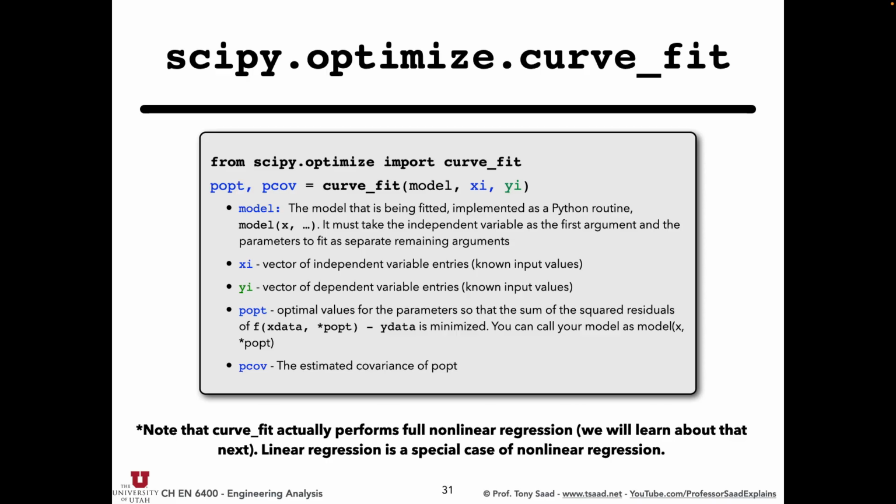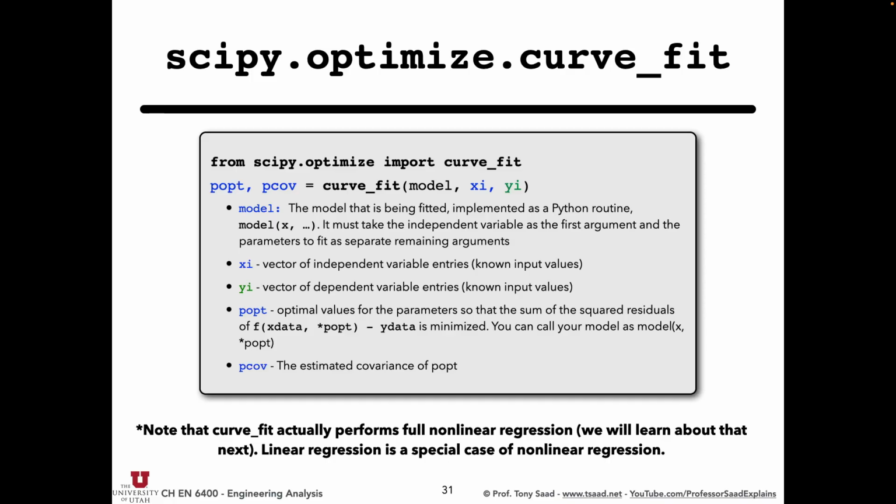And inside it, there's a nonlinear solver, because when you're trying to do a regression with a nonlinear model, the equations that you need to solve will become highly nonlinear. So you have to do an fsolve or root like we did before. So curve-fit does all of that for you. And it comes from scipy.optimize. You import curve-fit, and you use it as follows. Curve-fit requires at least 3 parameters.